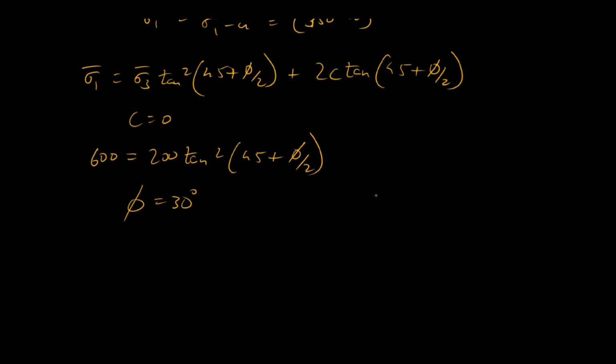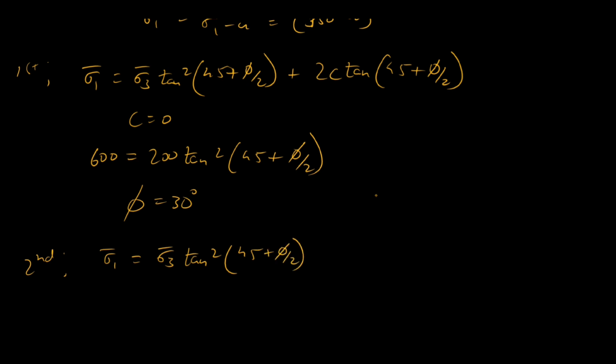And for the second specimen, since we have considered C as 0, we can directly write sigma 1 dash equals sigma 3 dash tan square (45 plus phi by 2).